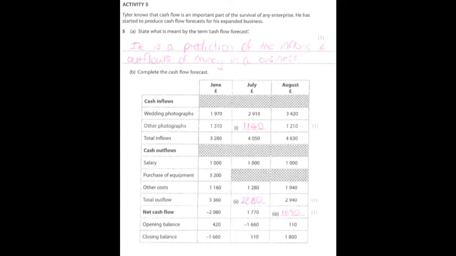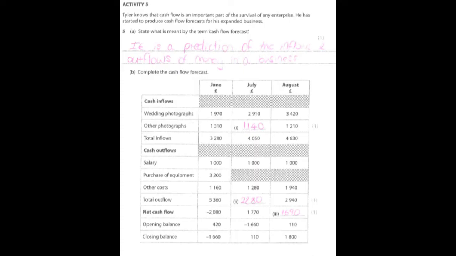Now, the next part of this is the tricky part, potentially. You've got to work out your net cash flow. There's an assumption you understand what is meant by the term net cash flow. Remember that net cash flow is what you make or you lose in each month. Now, how you work it out is really simple. You do your total inflows minus your total outflows.